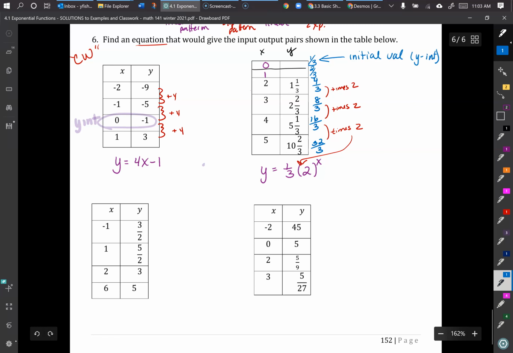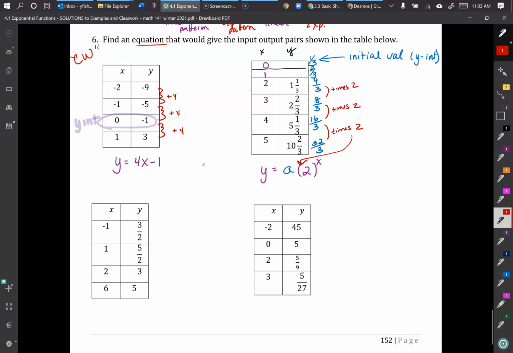Another thing I could do is, if I didn't know this yet, I could just say that's going to be some a, just like we've done with linear functions and the other functions you've had to plug values into, like quadratics and polynomials. The technique used would be to pick a couple values here.